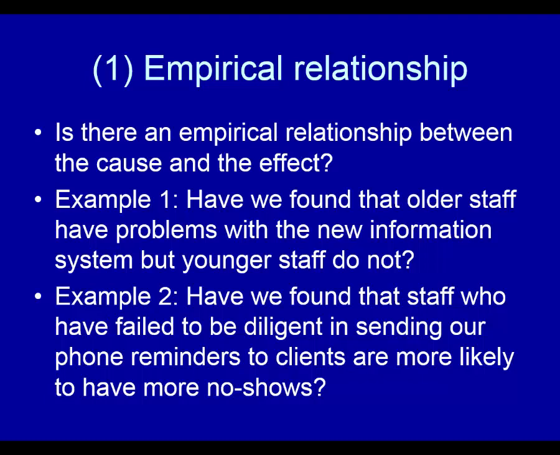The problem is the data we have is that the new information system has not been implemented properly. Have we found that older staff have problems that younger staff do not? Another example, have we found that staff who have failed to be diligent in sending out phone reminders to clients are more likely to have more client no-shows?